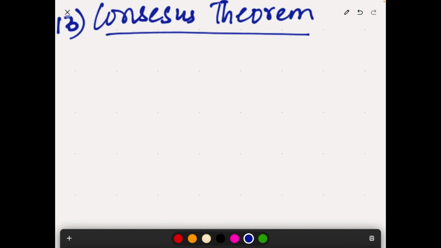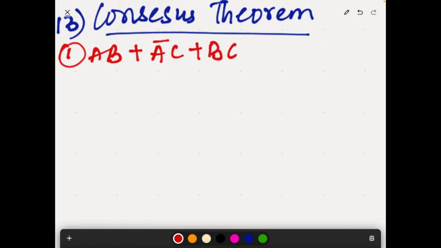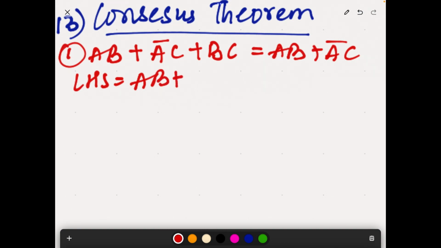Anyways, coming back to the matter at hand, this is going to be the first part of our theorem. I will not say the question because I know I'll fumble. Starting with the LHS part, AB plus A complement C plus BC.